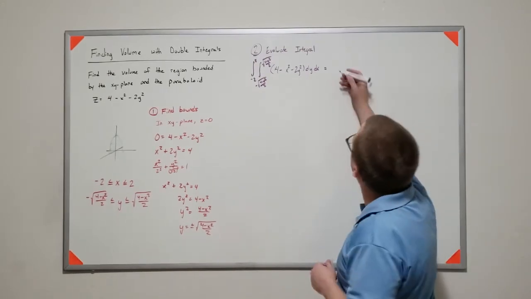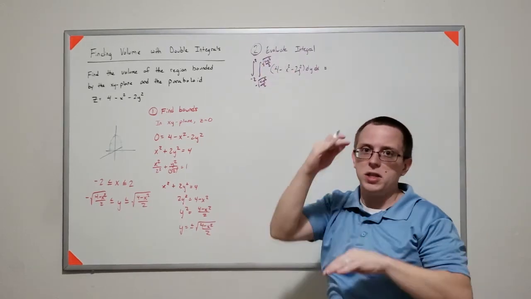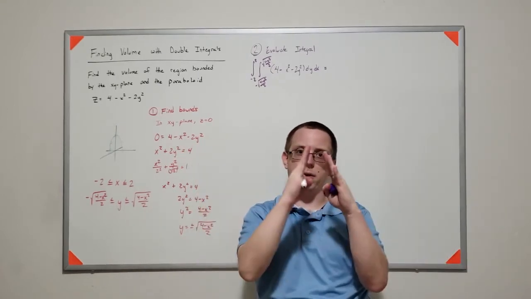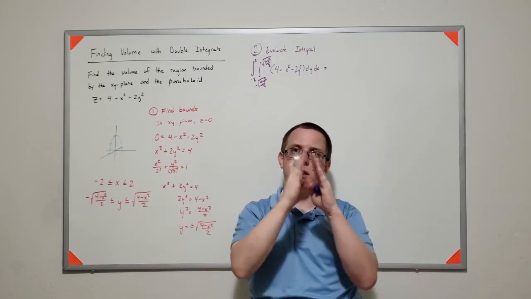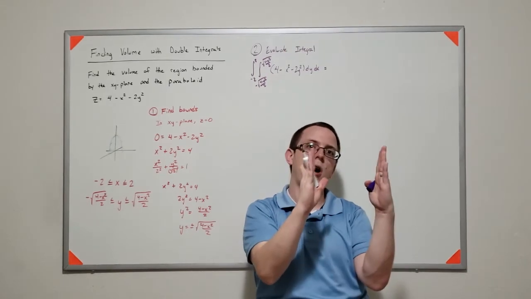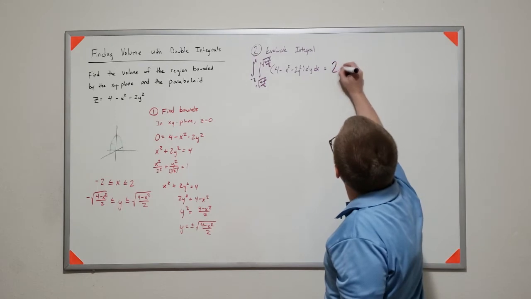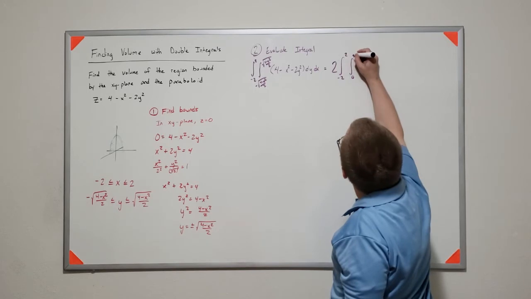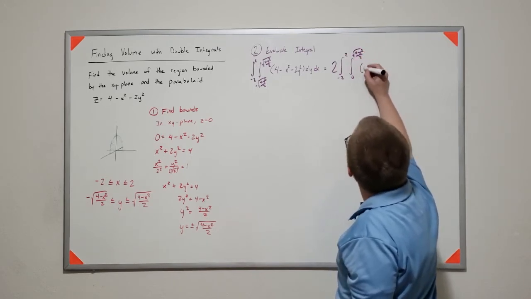Even functions have an interesting property: if the bounds on top and bottom are the same number, but one's negative and one's positive, basically you have a mirrored or symmetric interval. You can say, okay, since it's the same on the negative side as the positive side, I can look at just the positive side and double my answer. So we can say that's really just double the answer of this case.